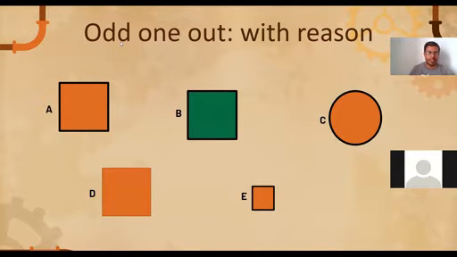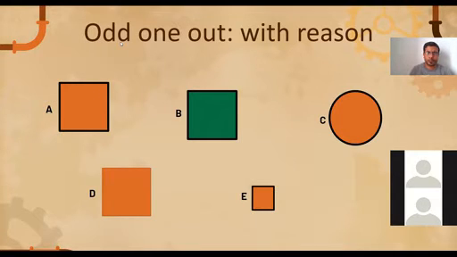B, C, D is very clear that they are different, but why do you think all are different? Because the sizes for each one of them are different and shapes are also different. That's why nothing is similar, is what I feel.